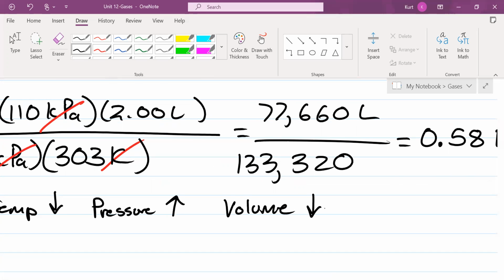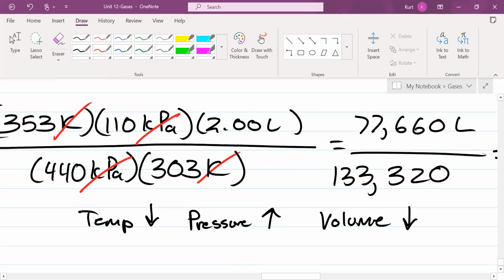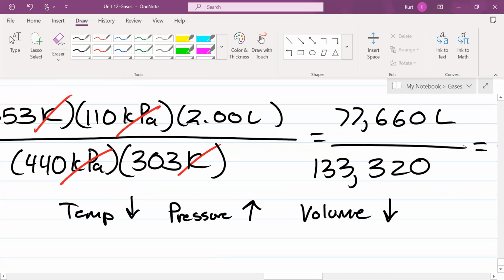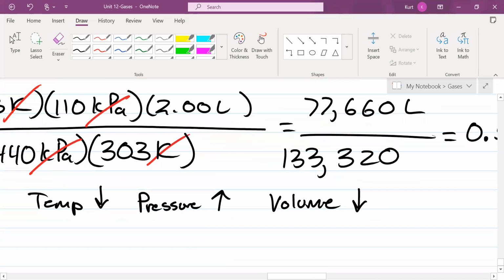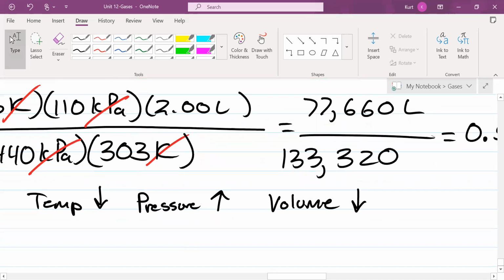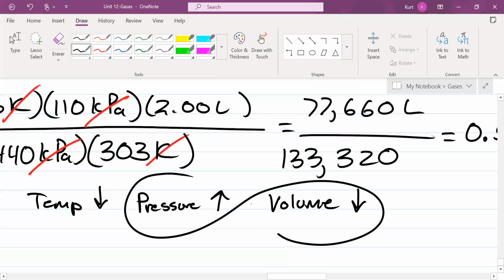I thought if temperature goes down, pressure goes down. No. These two are inversely proportional. Yeah, I know. So this is going to be, you want to focus on the one that you're given and compare it to the temperature.